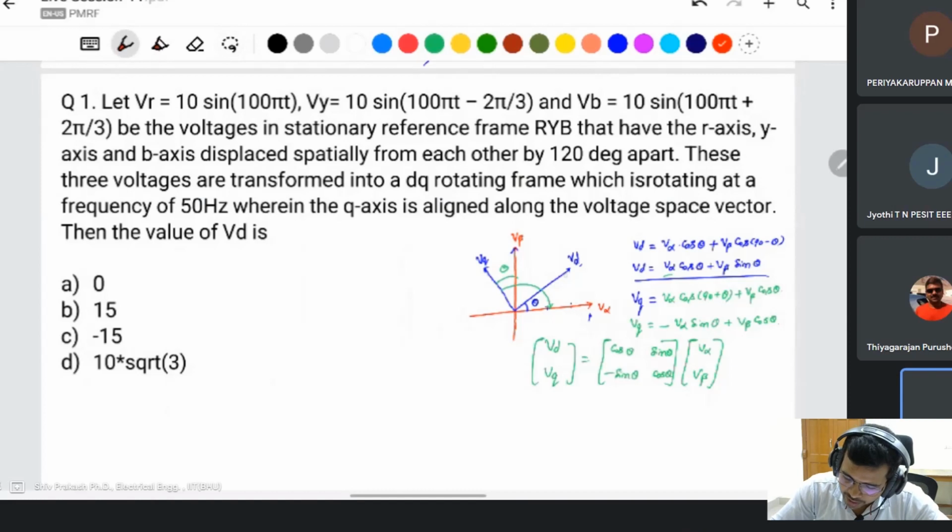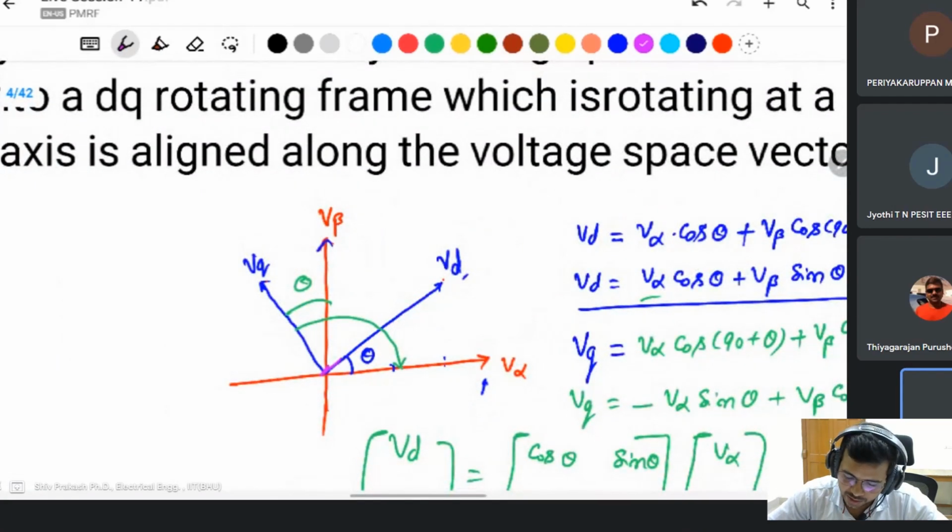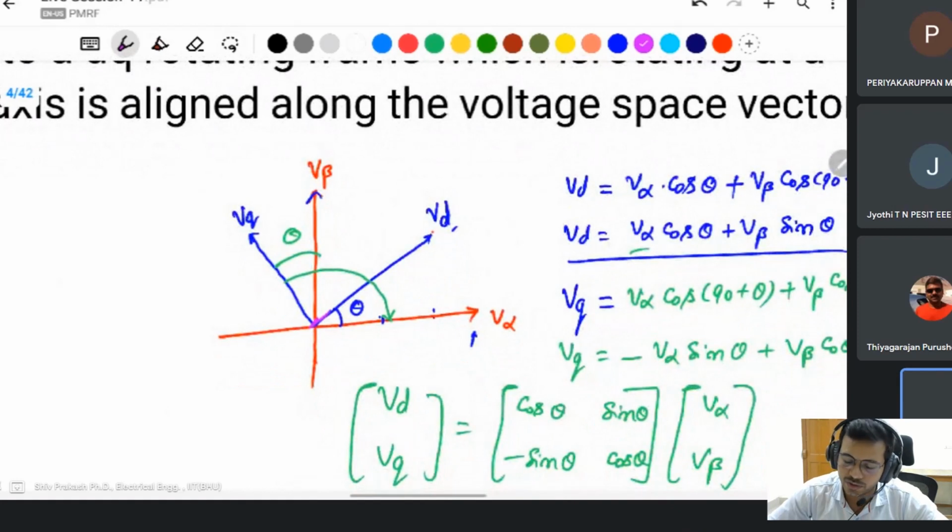In the DQ frame, the value of VD and VQ is fixed. The magnitude of any vector in the DQ transformation system is fixed for VD and VQ, but the angle will change.